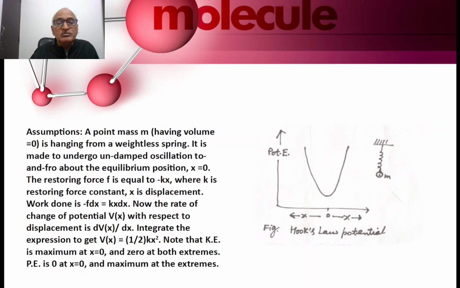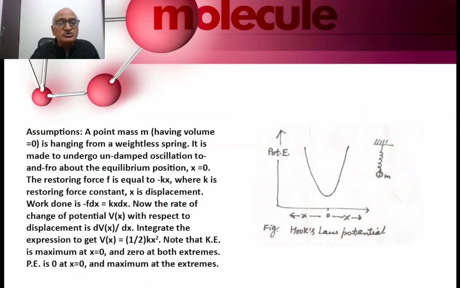When the atom M is made to undergo undamped oscillation to and fro about the equilibrium position, that is x equal to 0, then the restoring force F, which tends to bring it into the equilibrium position, is equal to minus kx. Here k is called the restoring force constant, and x is the displacement from the equilibrium position. Work done is minus F dx. Now putting in the value of F, we get k times x dx.